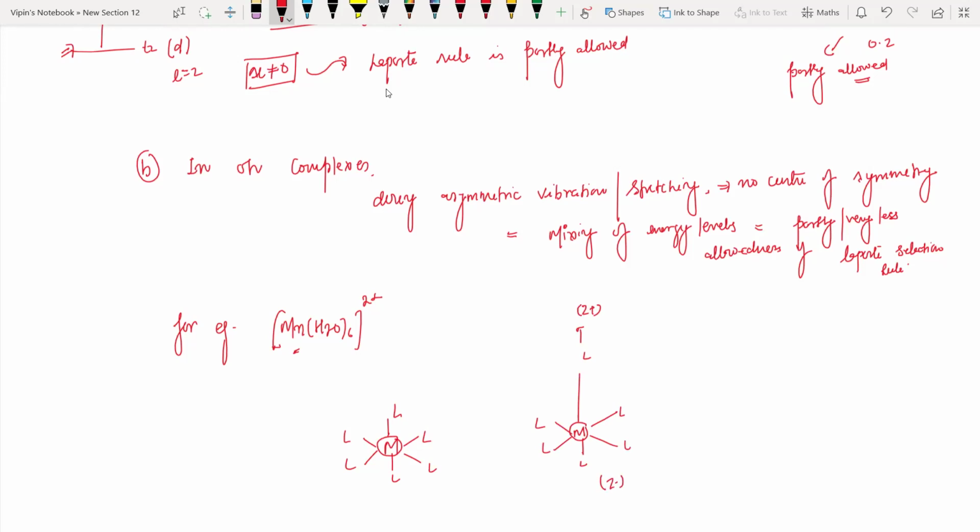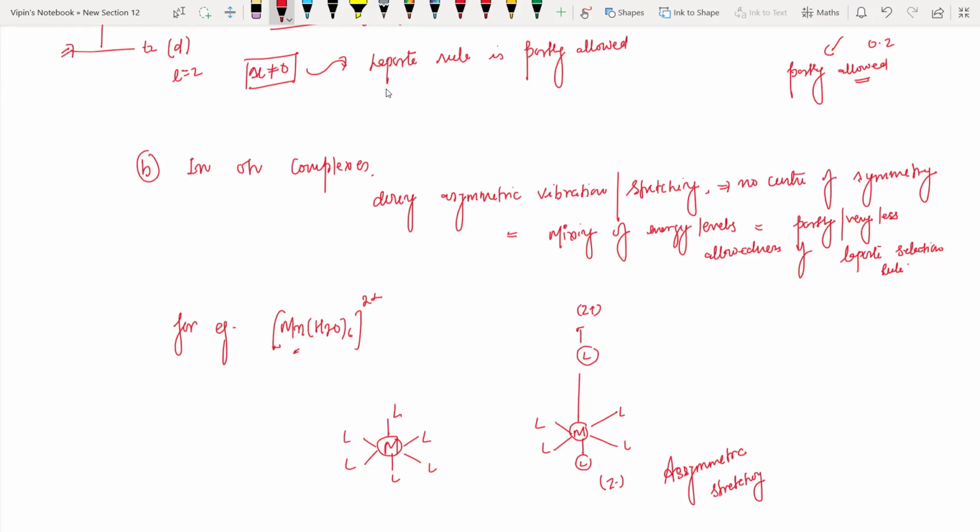So there are ligands at different distances. The meaning of center of symmetry is that if you move from the center in two opposite directions, then at the same distance there should be the same kind of species. But in this situation, you can say this is asymmetric stretching. The same kind of ligands are present in opposite directions but at different distances.